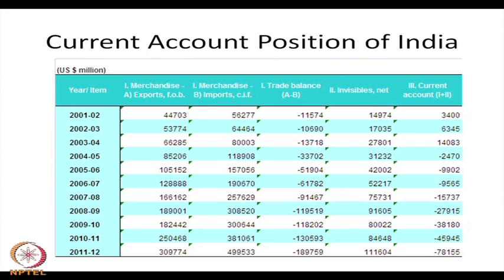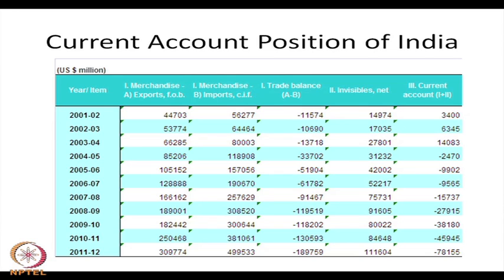For a few years, particularly 2001 to 2003-4, we had a current account surplus. This surplus was primarily because of the invisible inflow, because in 2001 to 2003-4 our trade balance, that is export minus import, was negative.